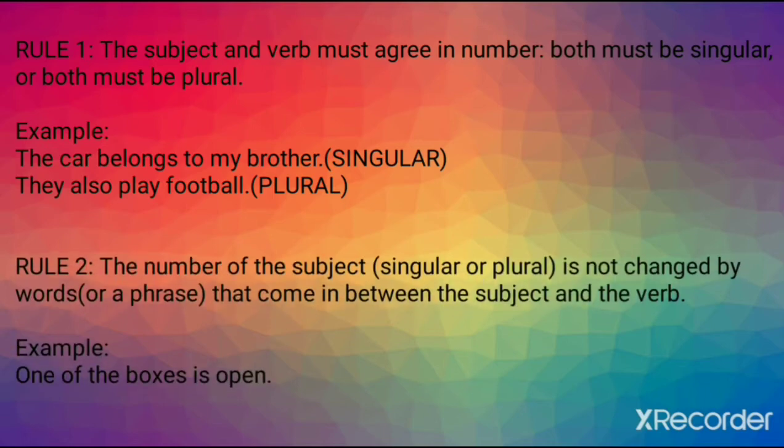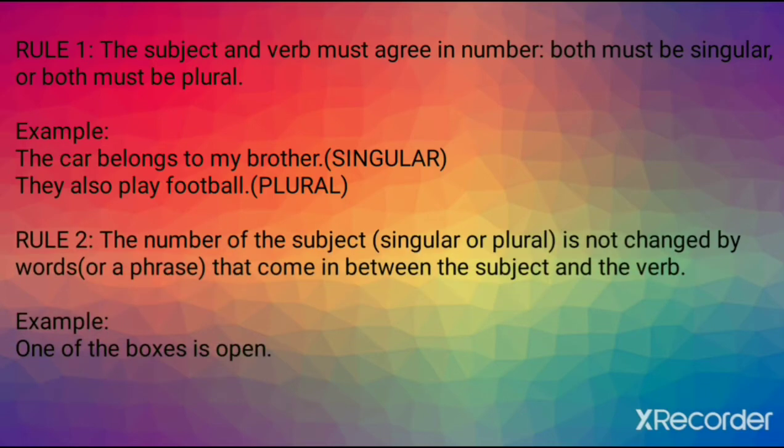Rule number 2. The number of the subject, might be singular or plural, is not changed by words or a phrase that come in between the subject and the verb. For example, one of the boxes is open. Here you might be quite confused because of boxes and singular verb is.